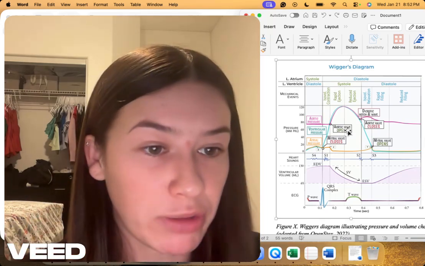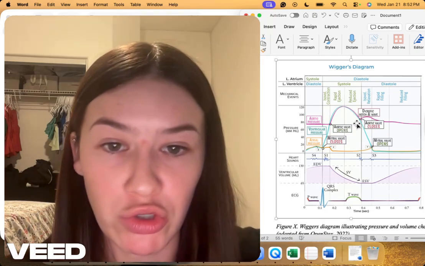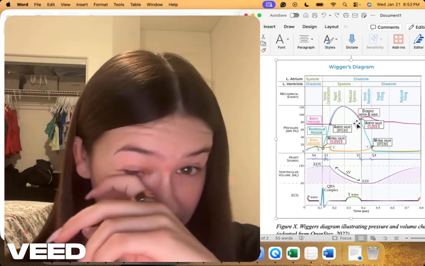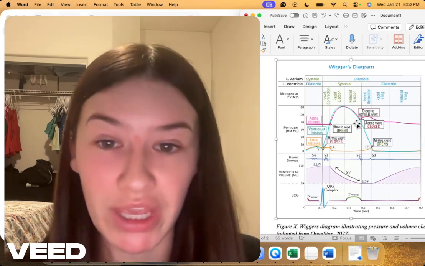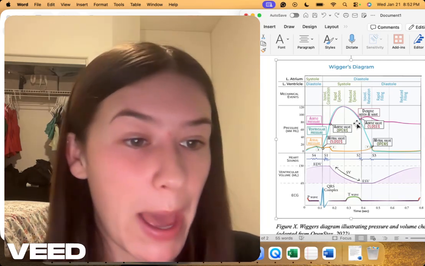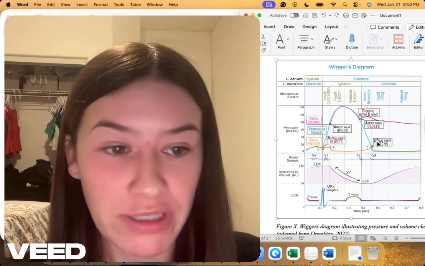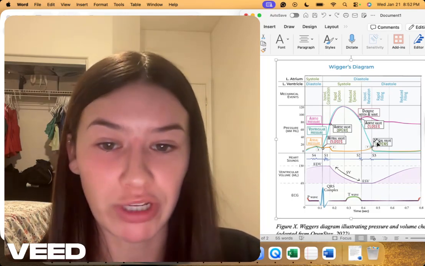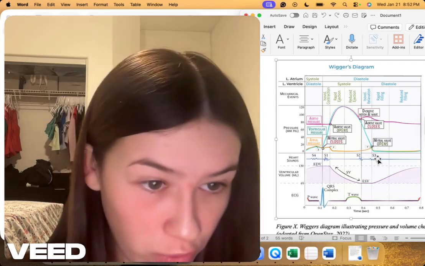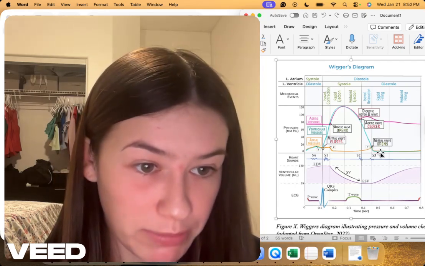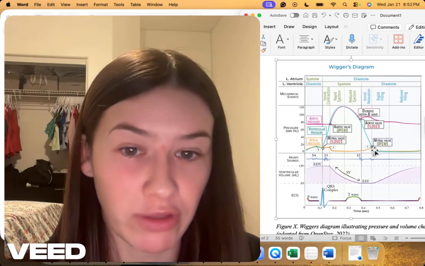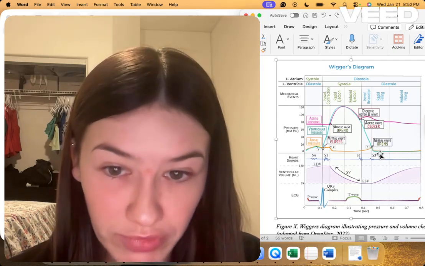Now we are moving on to the return of ventricular filling, and the mitral valve opens right here, with the ventricular pressure falling below the orange line, which is the atrial pressure.